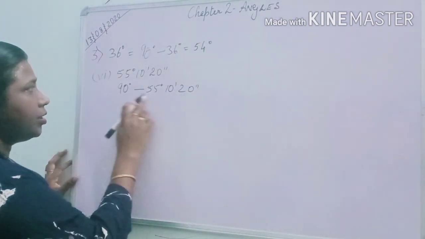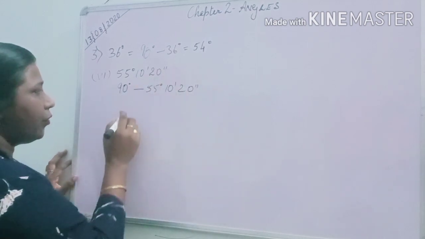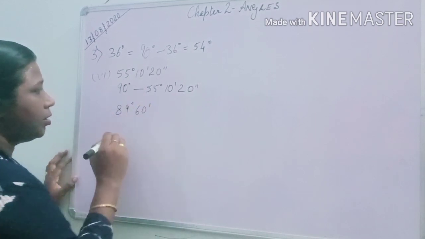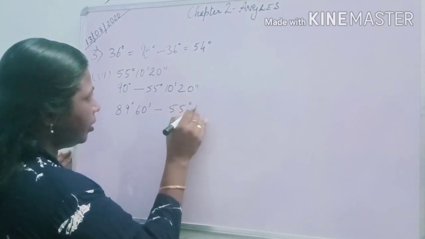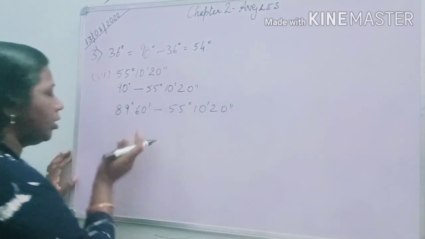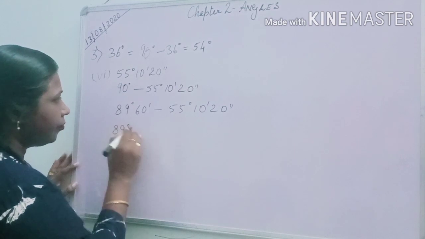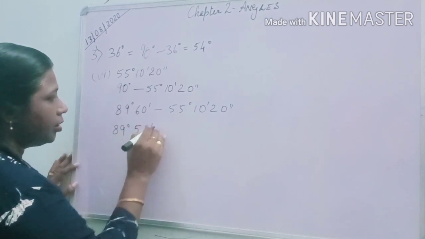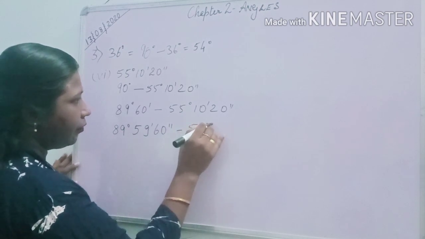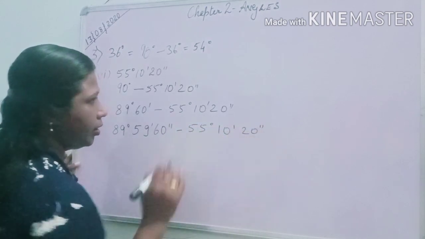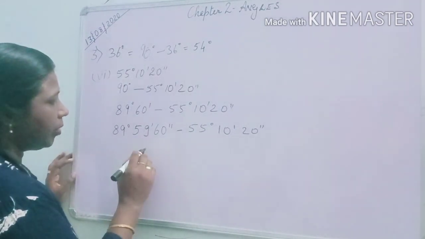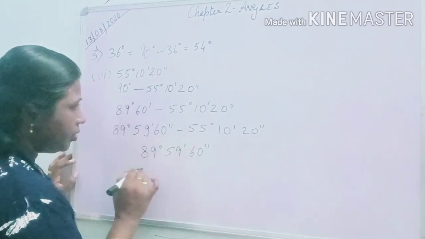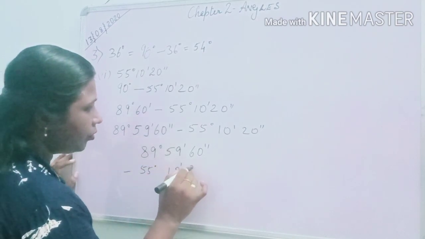Then because seconds are also there, we write 89 degrees 59 minutes 60 seconds minus 55 degrees 10 minutes 20 seconds.